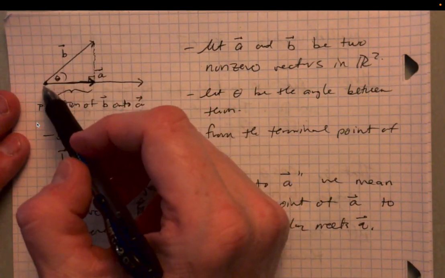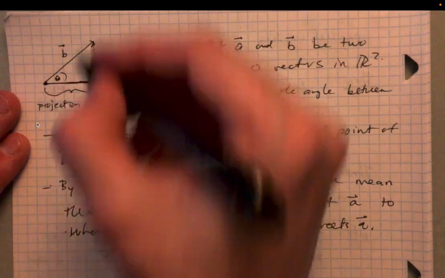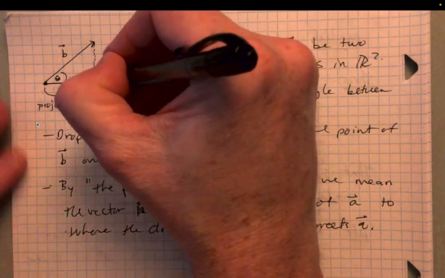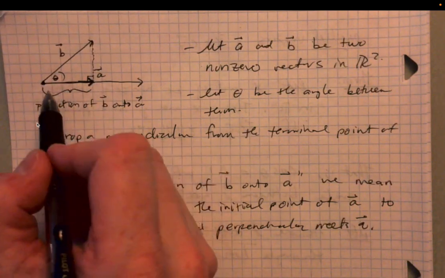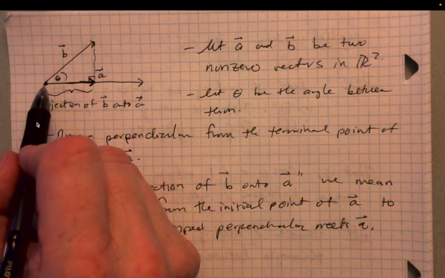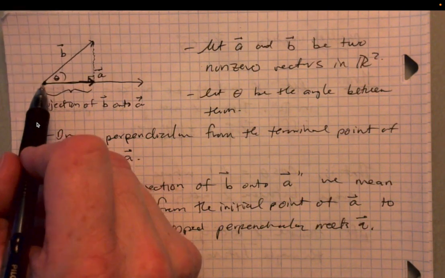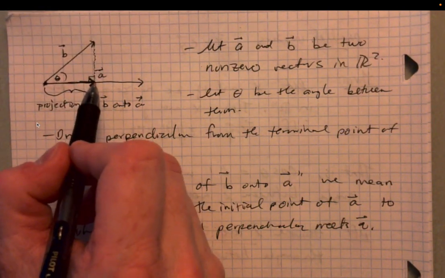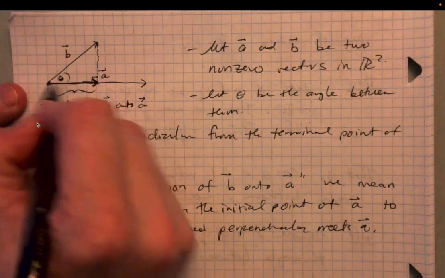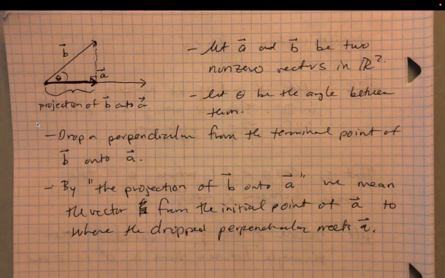Now, all you want to do is drop an orthogonal from B onto A, and that implicitly defines a new vector starting at the tail of A and ending where that perpendicular intersects A. So here you can see the drawing. That's what we mean by the projection of B onto A.